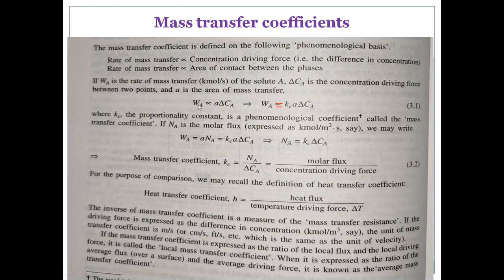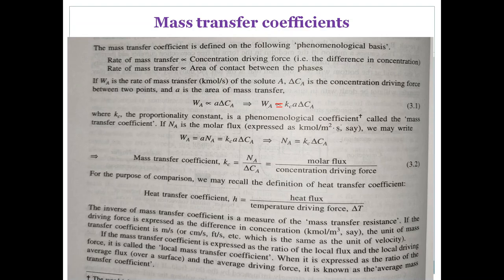WA is proportional to A into delta C, or WA equals Kc into A into delta CA, and this Kc is the proportionality constant of this phenomenon, called the mass transfer coefficient.